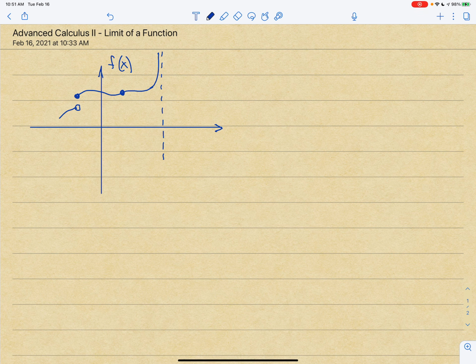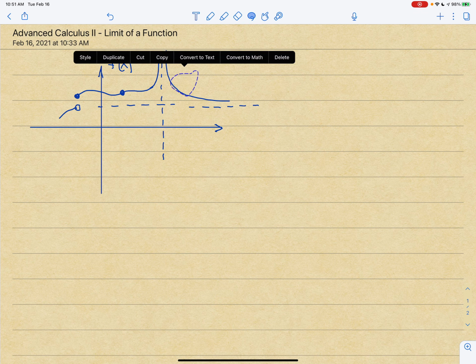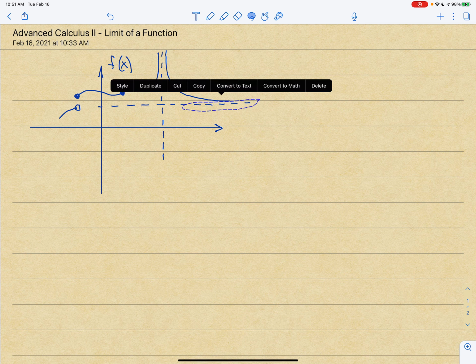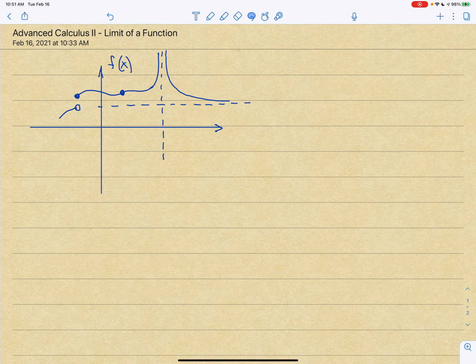A vertical asymptote. And then maybe a horizontal asymptote. Something like this.